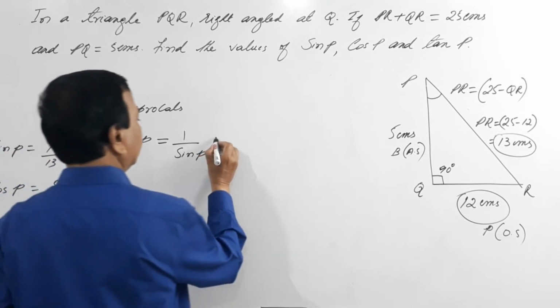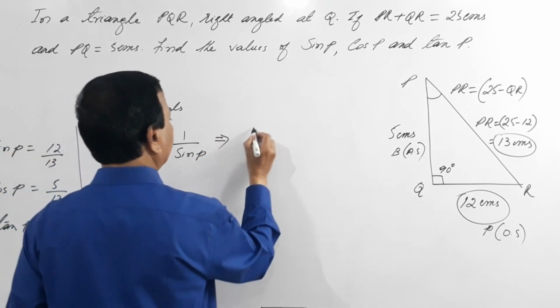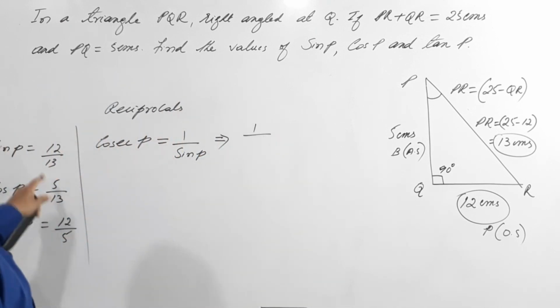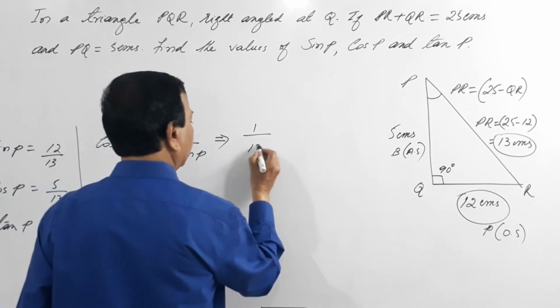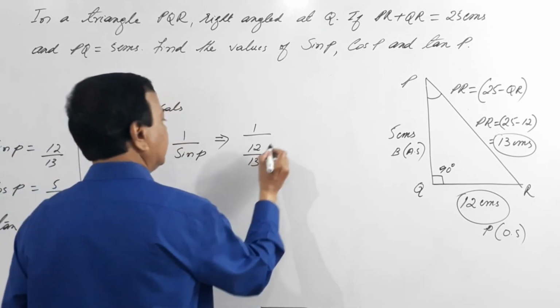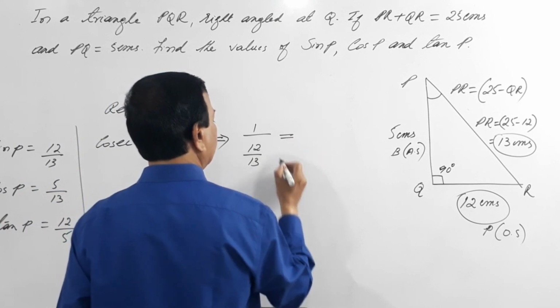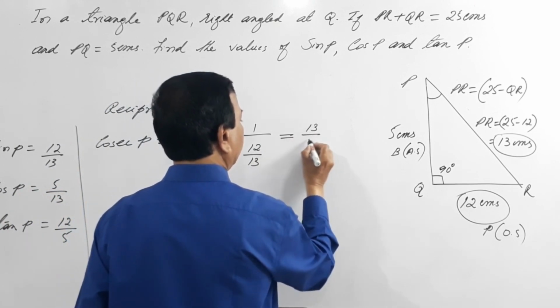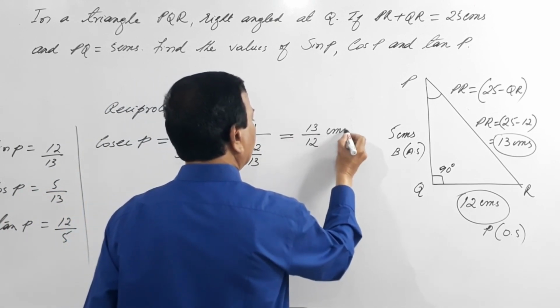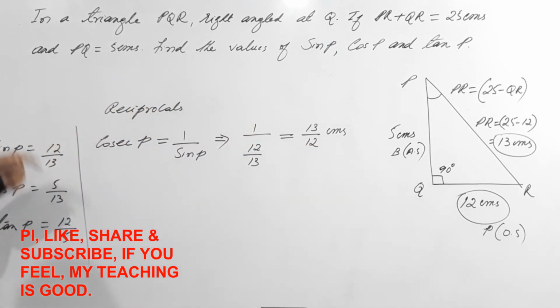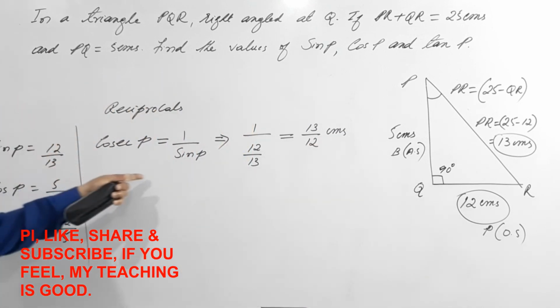This is nothing but 1 by, what is sine? 12 by 13. So this becomes 13 by 12 centimeters. Or you can straight away reverse it, but I have shown you how to get it.